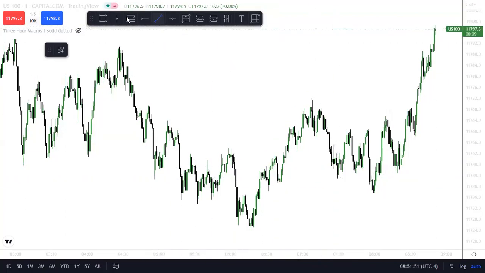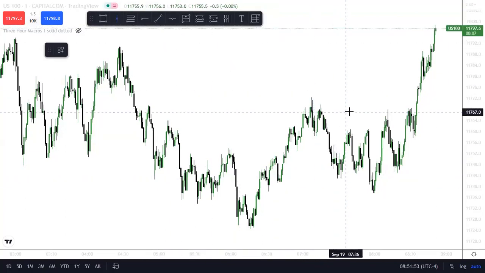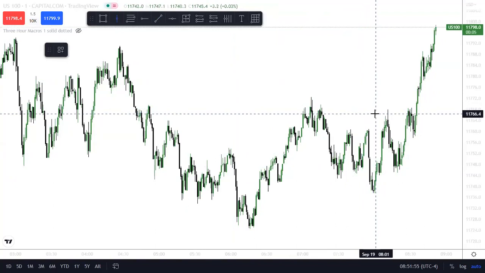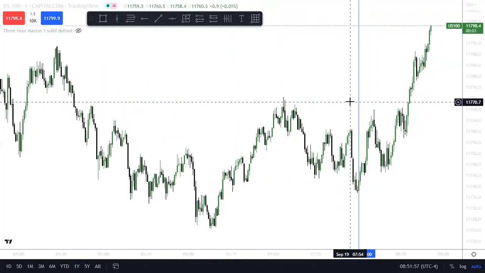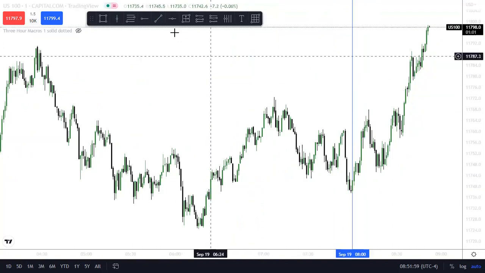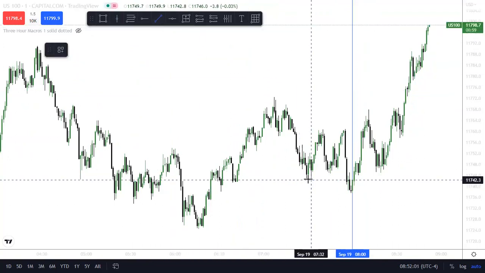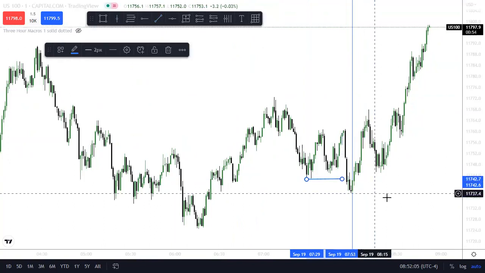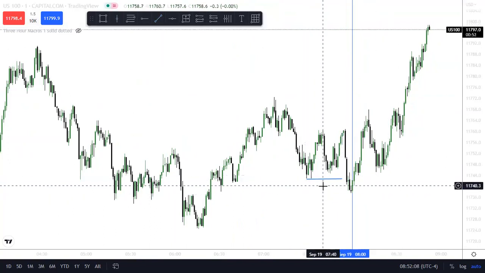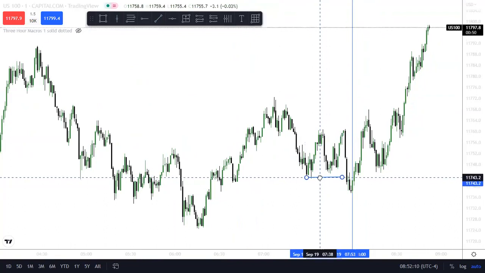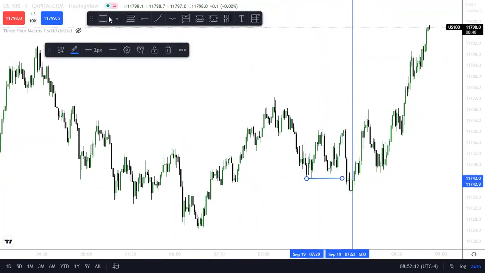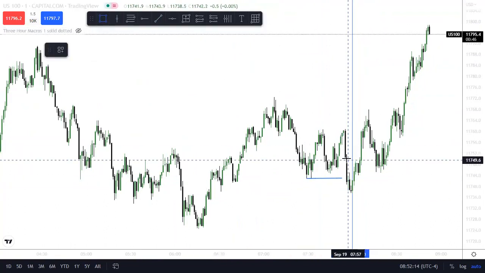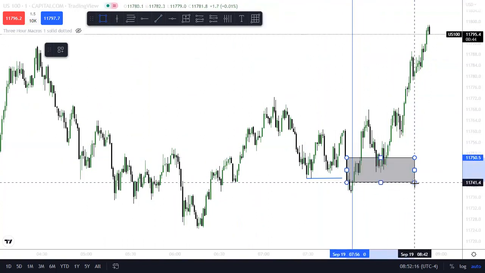Before I do that, I need to put 8 o'clock on right here. That's when I start stalking setups, right? Right before 8 o'clock, we have two relatively equal lows here that were raided. Where's the candle that closed below them? Right here. That's the candle.